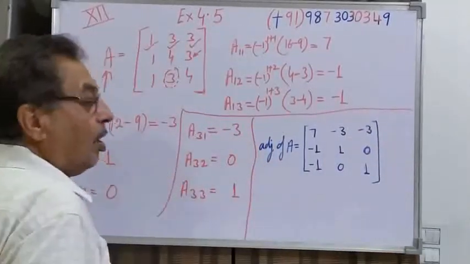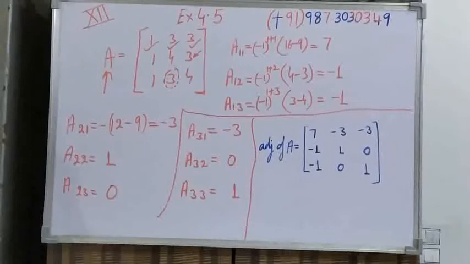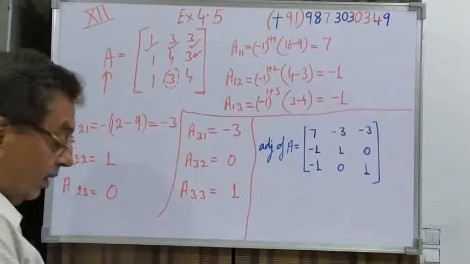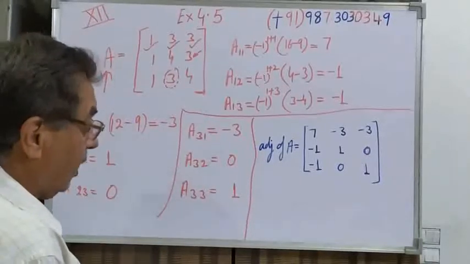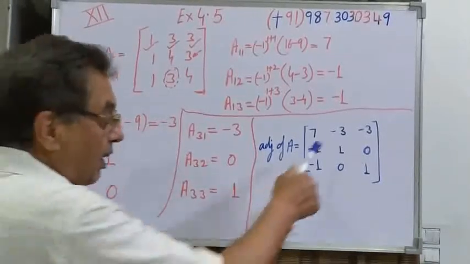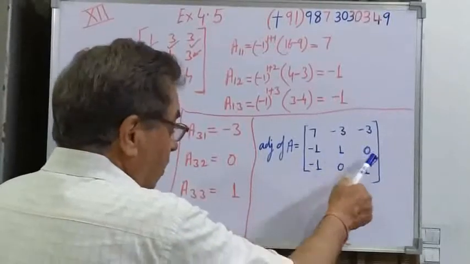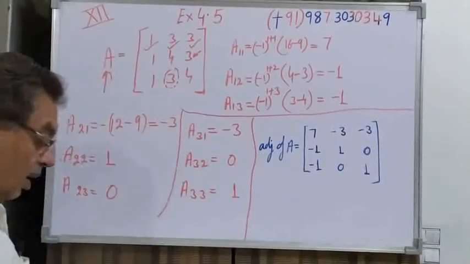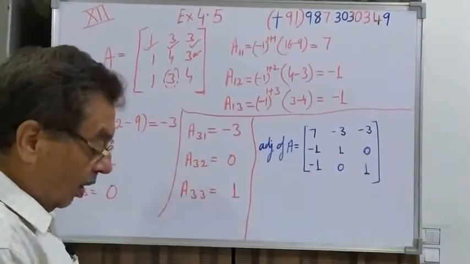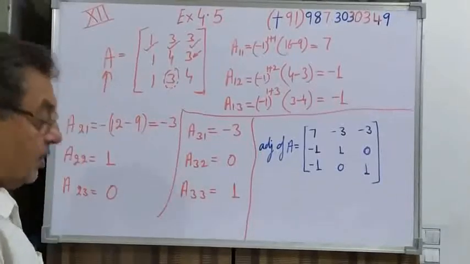So this is called the adjoint of A. So you have come to know how to write down the adjoint of A. We have obtained the adjoint of A, that is 7 minus 3 minus 3, minus 1 1 0, minus 1 0 1.